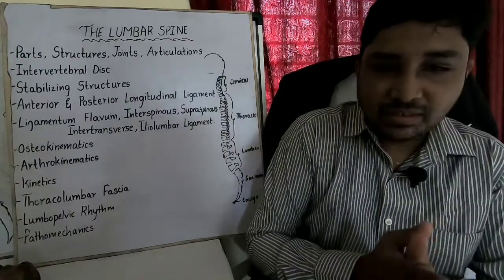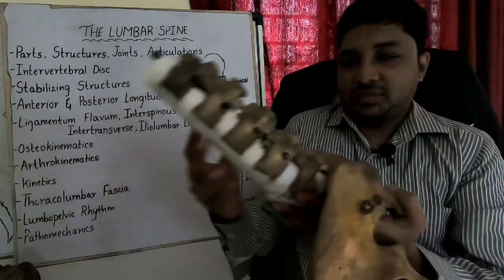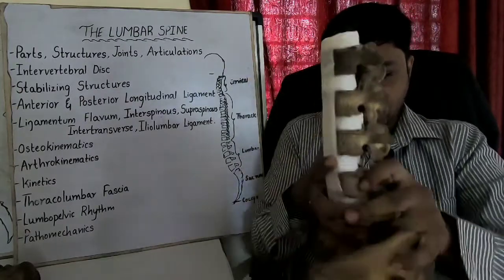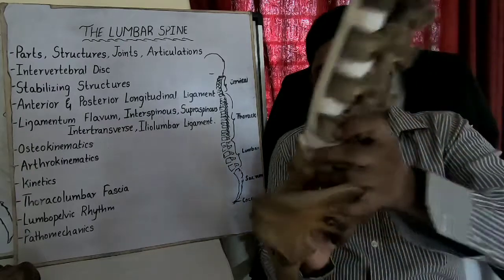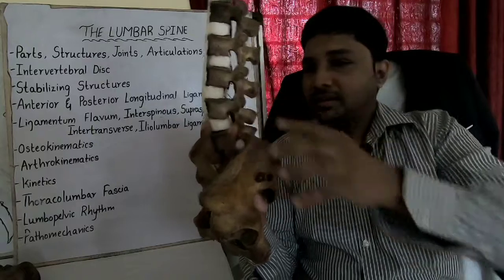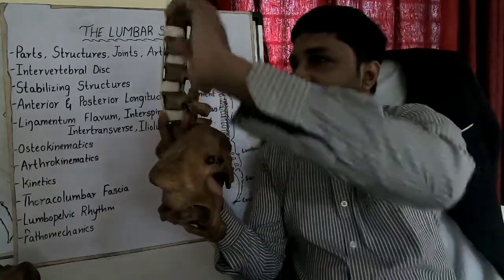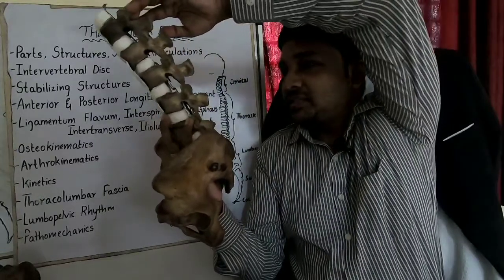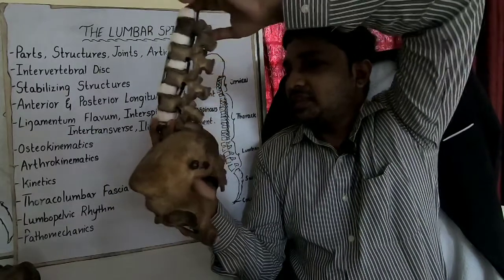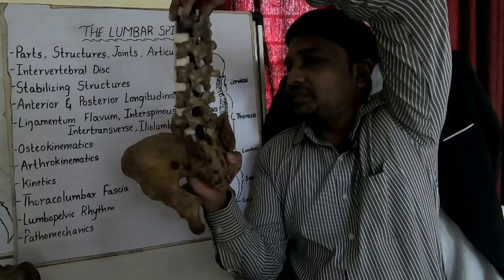So osteokinematics of the lumbar. What is osteokinematics of the lumbar? You can see the lumbar spine. The possible movements of the lumbar spine are flexion, extension, side flexion and a little bit of rotation.